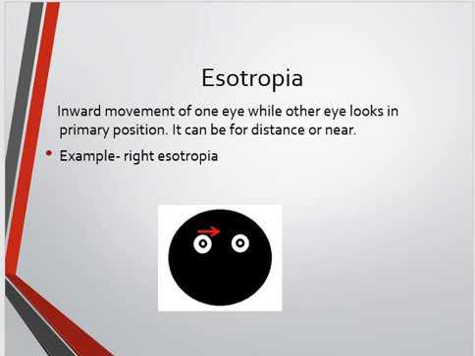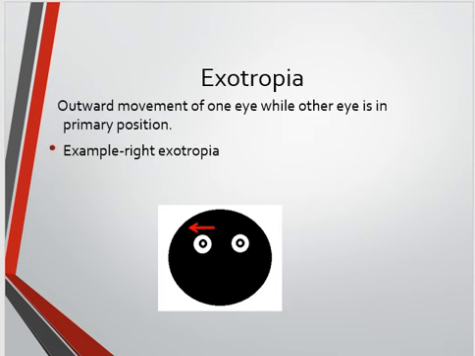So that is a squint, and the type of squint is esotropia, when one eye is moved inwards and the other eye is looking straight ahead. This can be for distance, or it can be for near, or it can be both for distance and near. The picture that is shown in this slide is right esotropia, because the right eye is moved inwards.